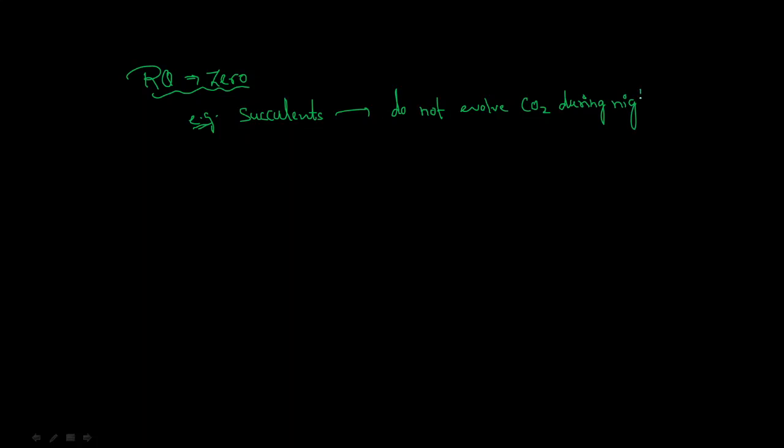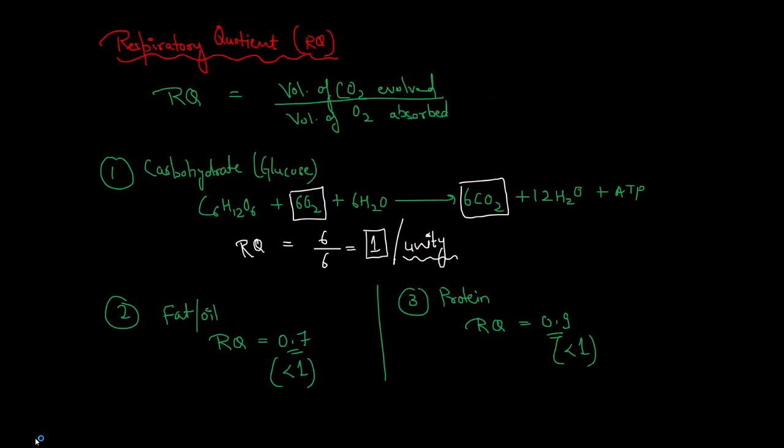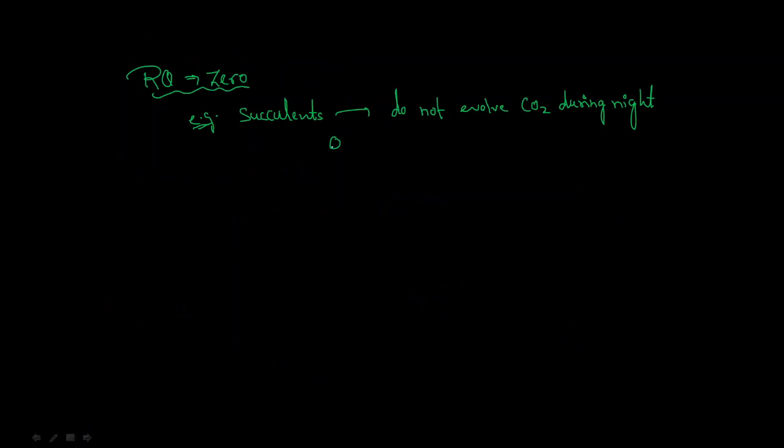So in this case, the RQ is going to be 0. Why? Because it will be 0 by some amount of oxygen, so ultimately it is going to be 0. So in the case of succulents, the RQ is going to be 0.